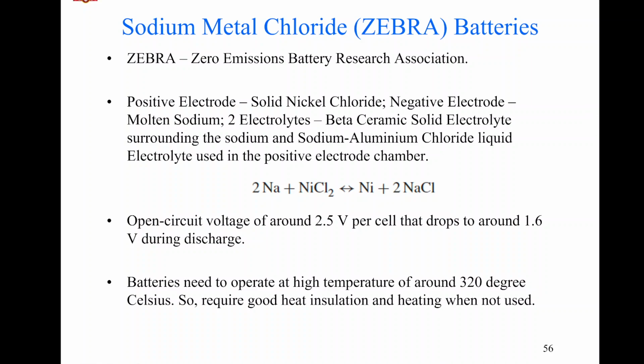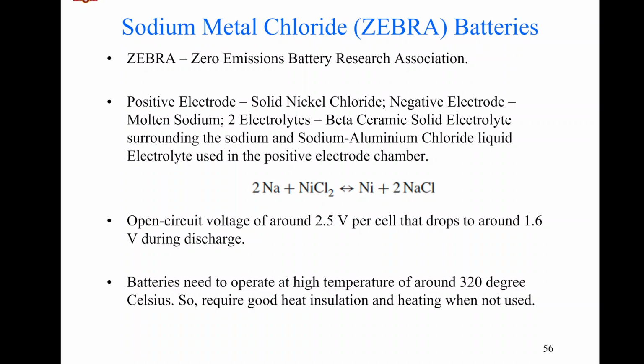There are two electrolytes in this case: beta ceramic solid electrolyte surrounding the sodium, and sodium aluminum chloride liquid electrolyte. So the reaction is as follows. Sodium reacts with NiCl2 to give nickel and NaCl, that is the common salt.